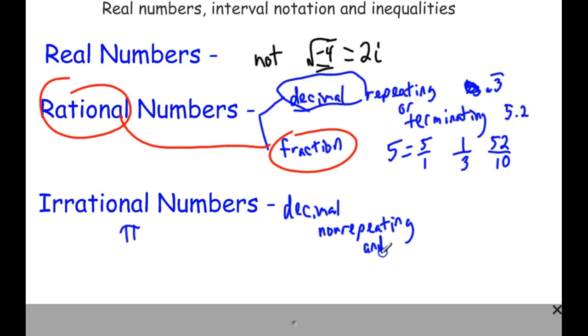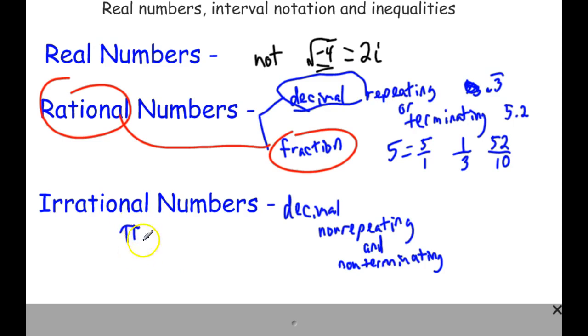And non-repeating means it never repeats itself. So 3.1415 and so forth. No matter how many digits you memorize, it doesn't ever repeat. They've gone millions of digits, and it doesn't ever stop. So it doesn't ever terminate.